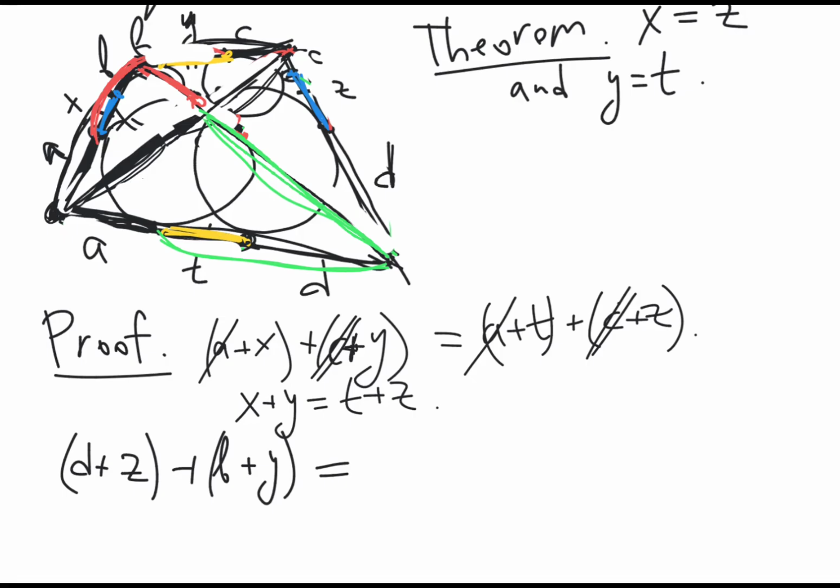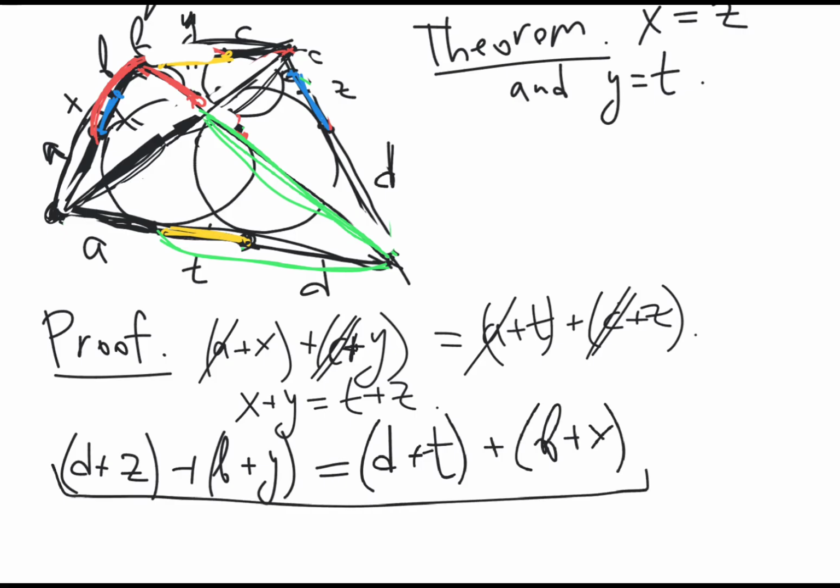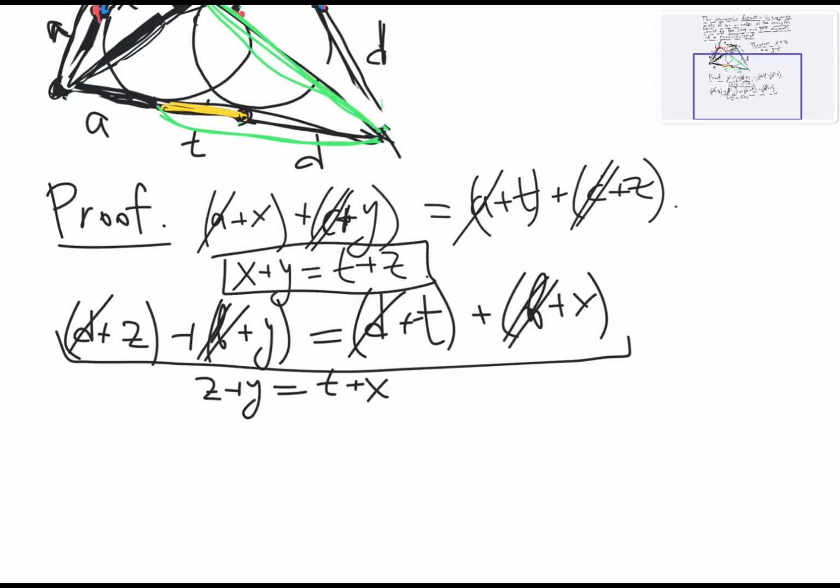So the green segment now is d plus t, and the red segment now is b plus x. When we sum this together, we obtain again the whole diagonal, so we obtain this equality. And again here we see that d and d cancel each other, and b cancels, and we get that z plus y is equal to t plus x. Okay, so now we get these two equalities.